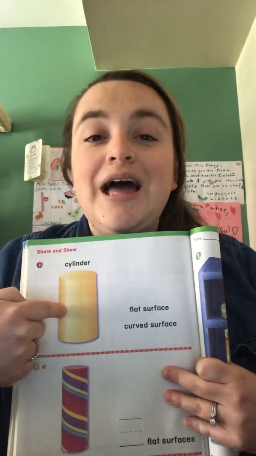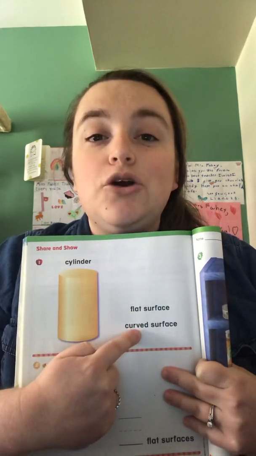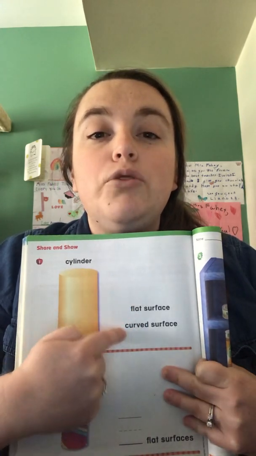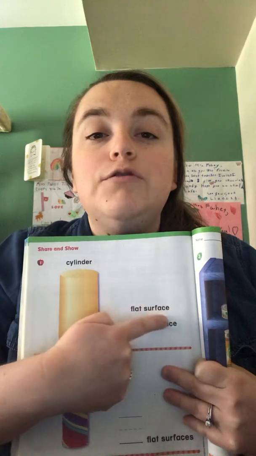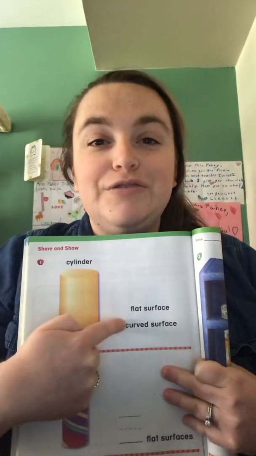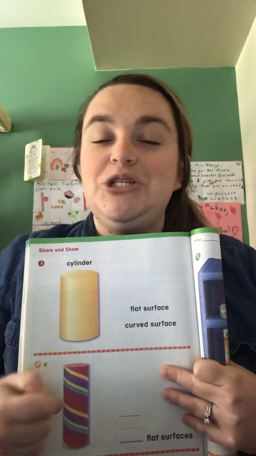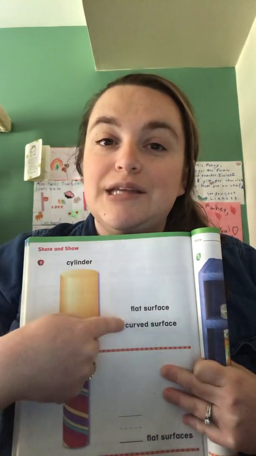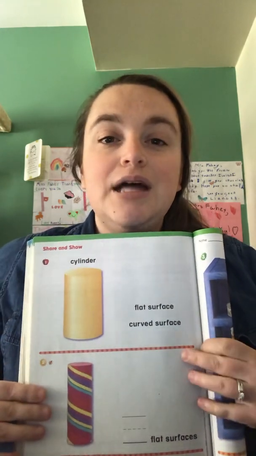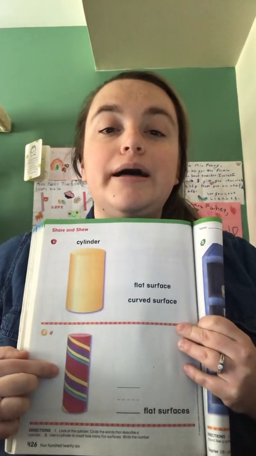Our cylinder has both a flat surface and a curved surface. So circle both words. Circle flat surface, circle curved surface. Really good. So our cylinder is special because it has both. It has the flat and the curved surface.